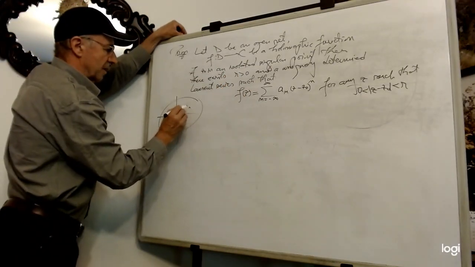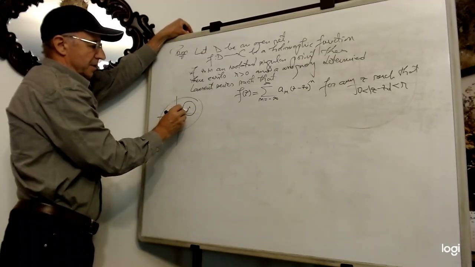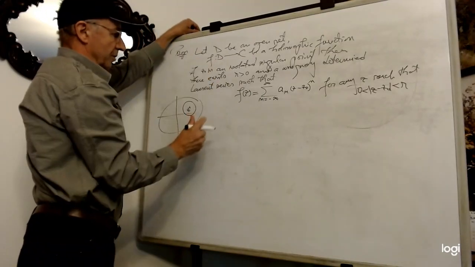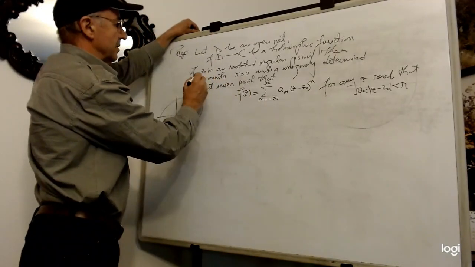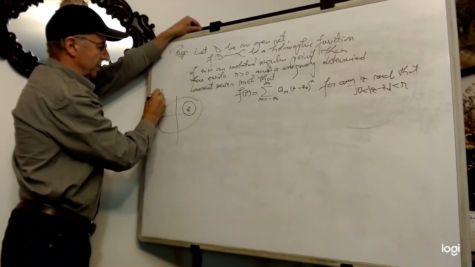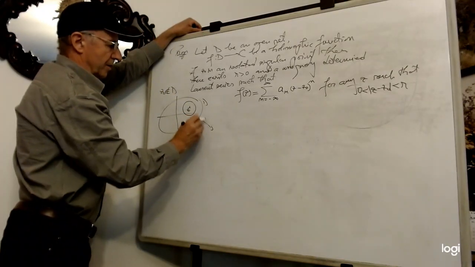Here z0 is an isolated singular point, which does not belong to D. We know that z0 does not belong to the domain of our function.